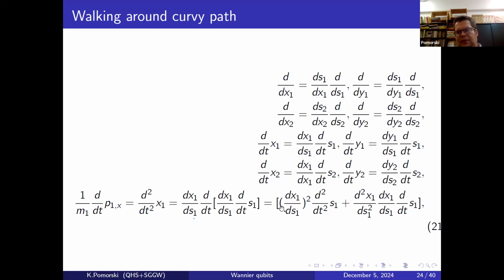So you end up with a second derivative with respect to this walking distance, but there is also the case of a first derivative, d over dt with respect to s1, and then again you have two factors that depend on the curvature of each of the cables.